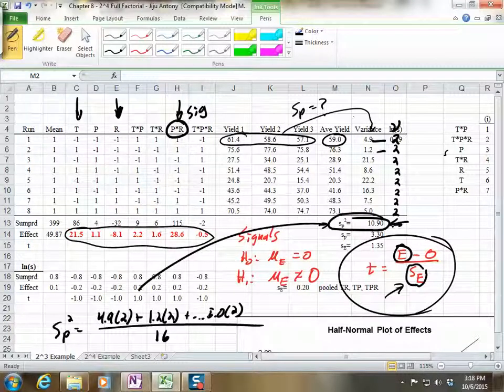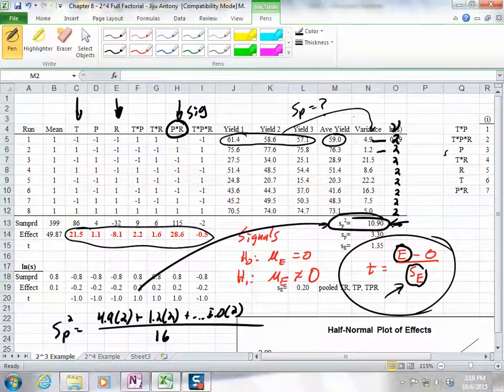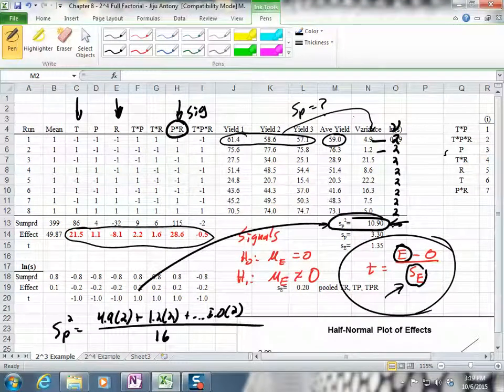Keep in mind, it's the same exact thing that we did earlier in chapter 6 and chapter 5. When we had 2 data points and we said variances are equal, we pooled them. We're doing the same thing, only we have more than 2 sets. Instead of 2 estimates of S squared, we have 8 in this case.